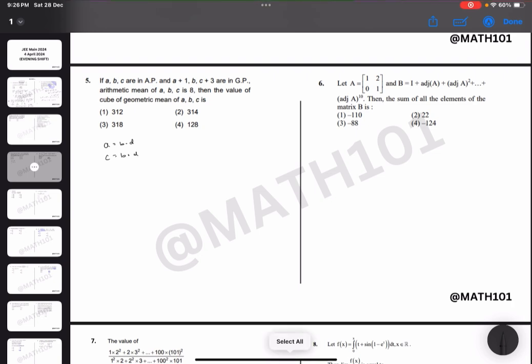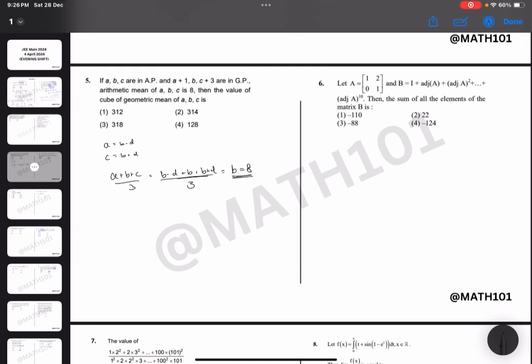That means 3B by 3, which equals B minus D plus B plus D by 3. B is equal to 8.